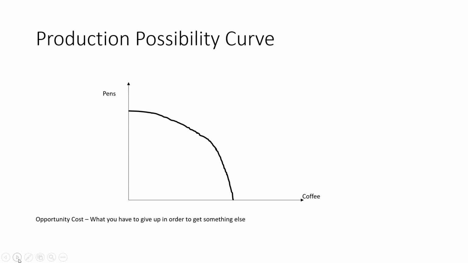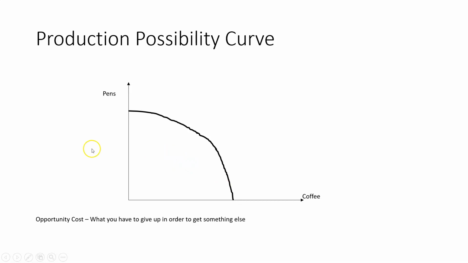We use all of our resources, we have limited resources, etc. And our production possibility curve would look something like this. A curve, it should be smooth. My drawing is not very good, but it's bowed out from the origin in this fashion.